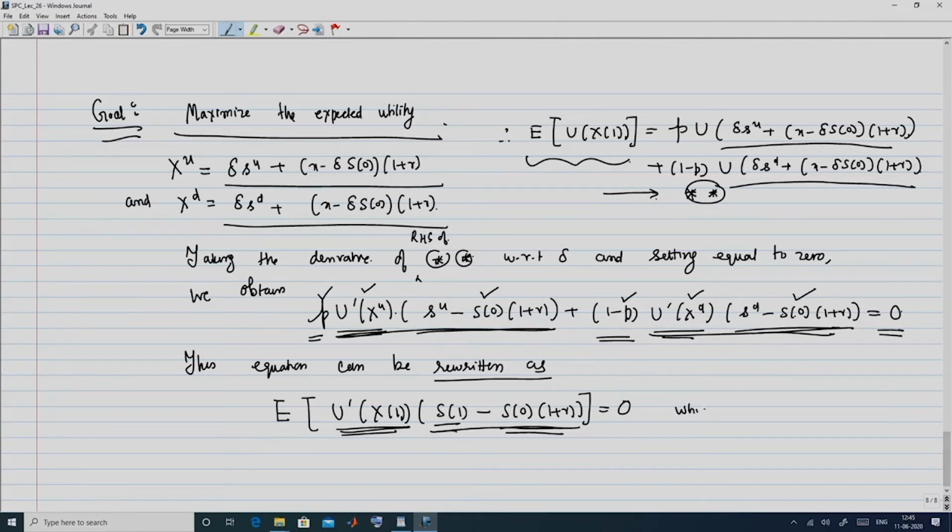And then which gives that, so I can solve this for S0, and this is going to be expected value of u prime of x hat of 1 into S1 over expected value of u prime of x hat of 1 into 1 plus r. And I am using here x hat because this is an optimized value.